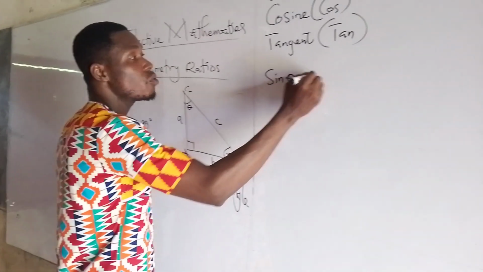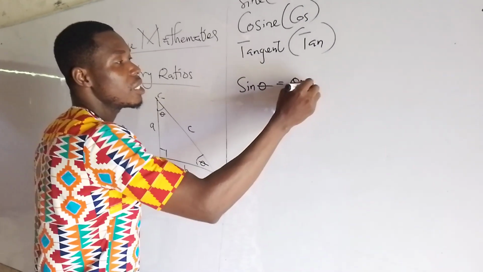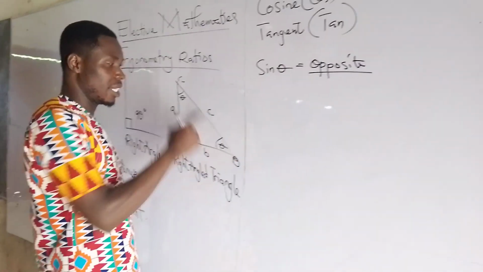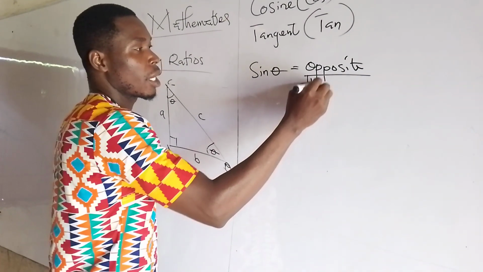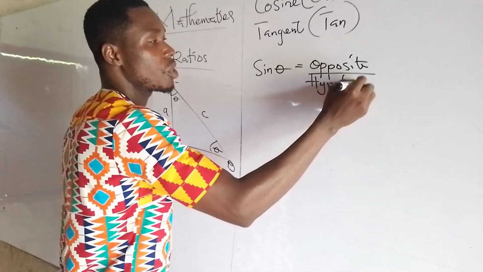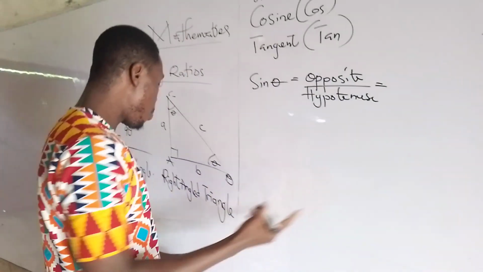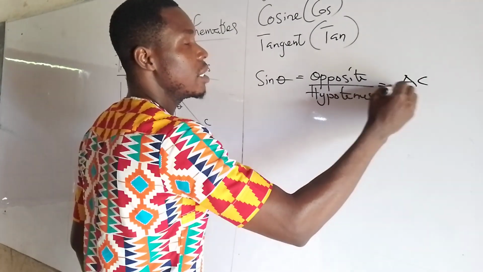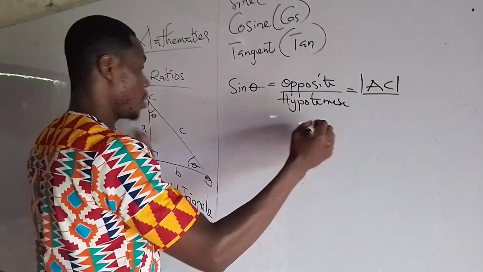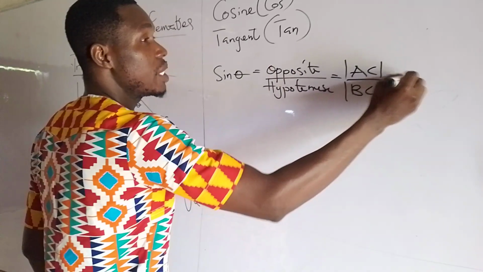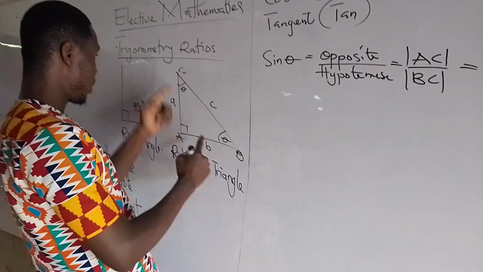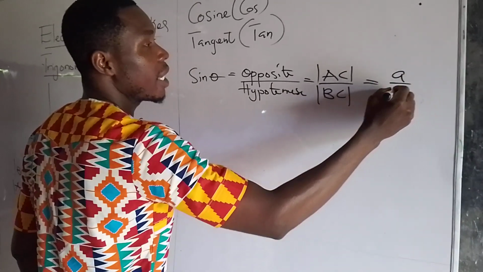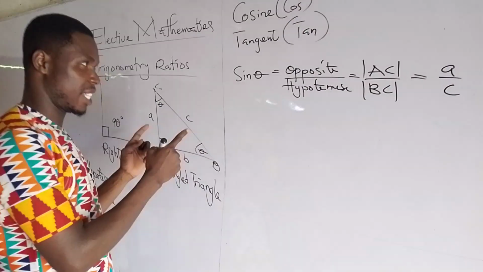So sine is equal to opposite over the hypotenuse. The opposite is AC, all over BC, which is the same as A over C. I hope you can see that.